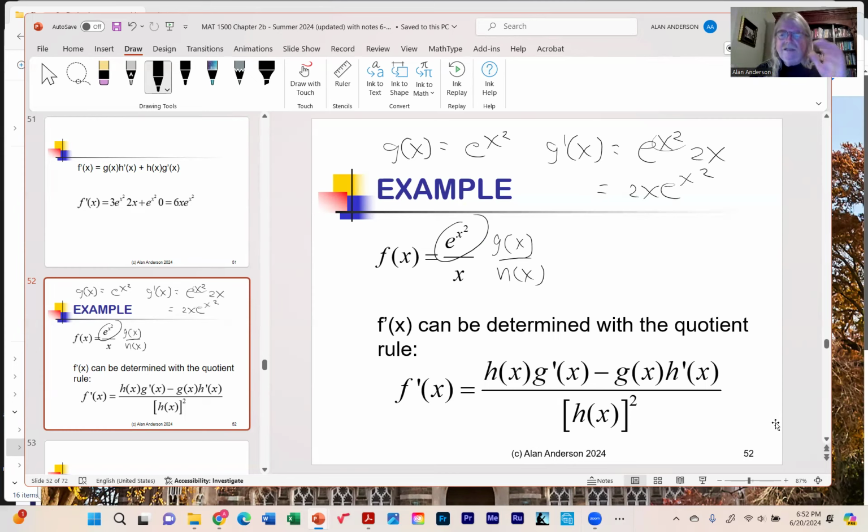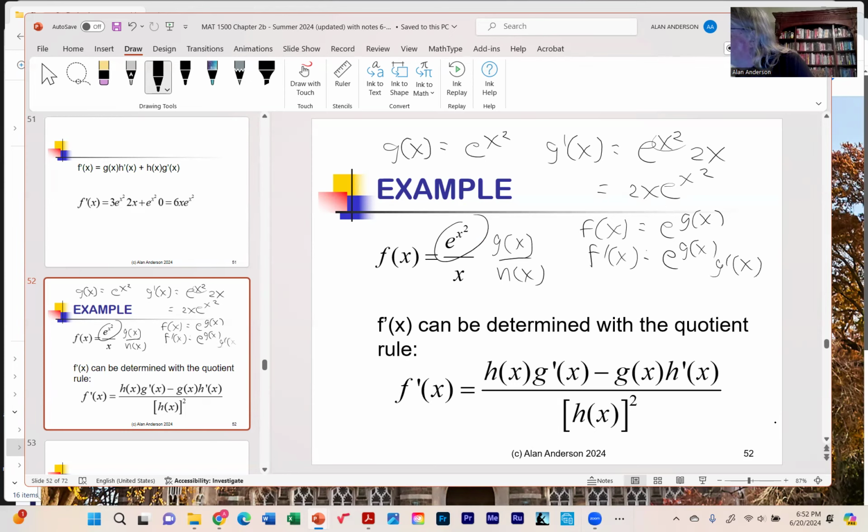Okay, so e to the g of x, remember, let me just write it down one more time. If your function is e to the g of x, f prime of x will be e to the g of x, g prime of x. Okay, the denominator is easy. H of x is x, h prime of x is just 1.